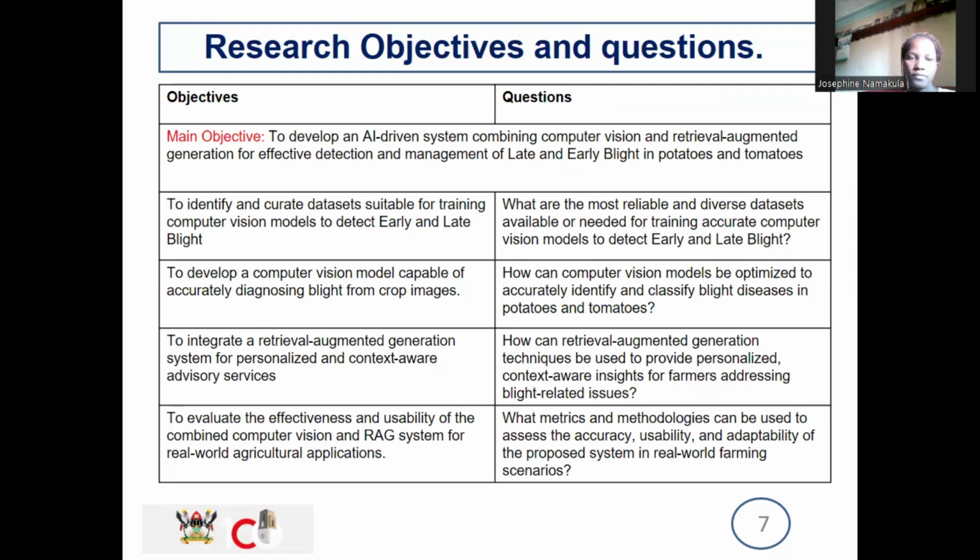The specific objectives were to identify and create datasets suitable for training computer vision models to detect early and late blight, to develop a computer vision model capable of accurately diagnosing blight from crop images, to integrate a retrieval augmented generation system for personalized and context-aware advisory services, and to evaluate the effectiveness and usability of the combined computer vision and RAG system for real-world agricultural applications. And these are the research questions on this side.